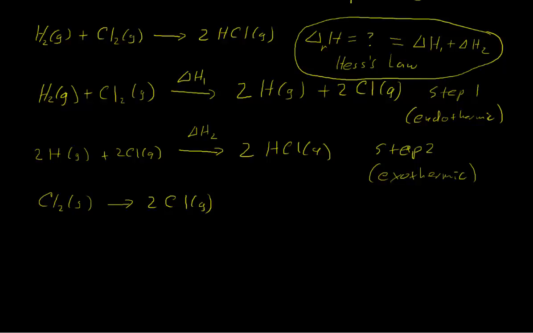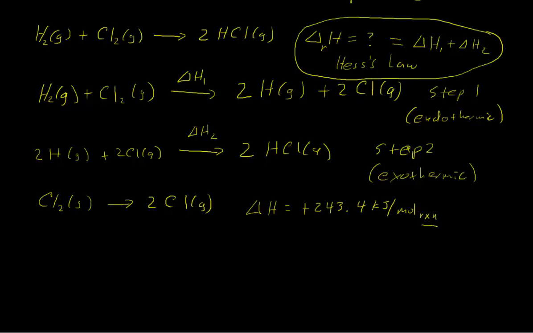So if you have 1 mole of chlorine gas, to make 2 moles of chlorine atoms, the delta H for that process is going to be a positive 243.4 kilojoules per mole. And I'm going to put another subscript on this mole: RXN, that stands for reaction, and so that means per mole of reaction as balanced.